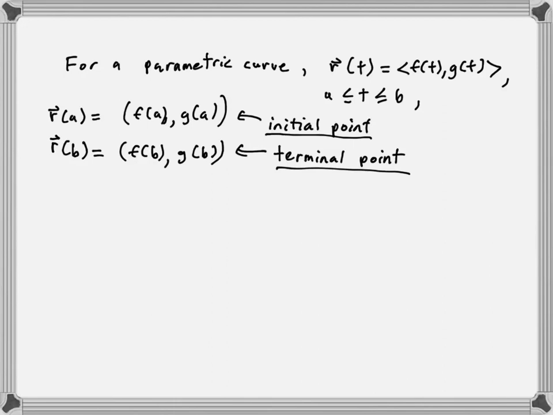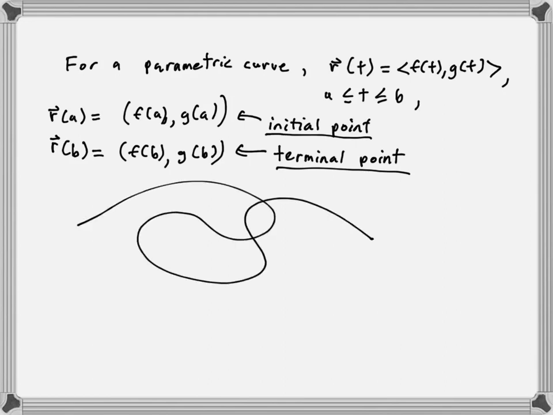So as an example, your curve may look something like this. So it might begin here and then it ends up over here. And so this would be the point f of a, g of a.